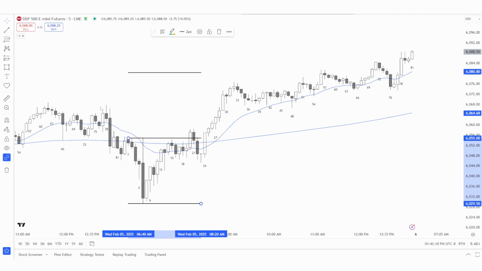It fails. This is a type of triangle. 50% of the time, breakouts fail in triangles because there's two-sided trading. A triangle is also a trading range, and it fails. And then this breakout fails here.